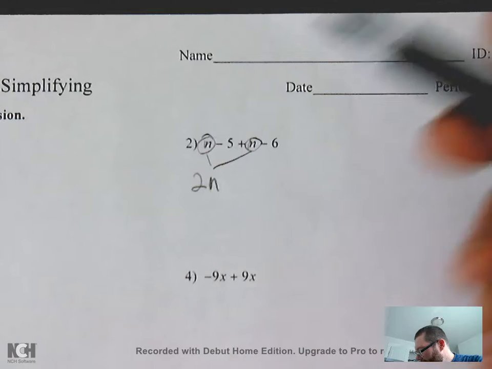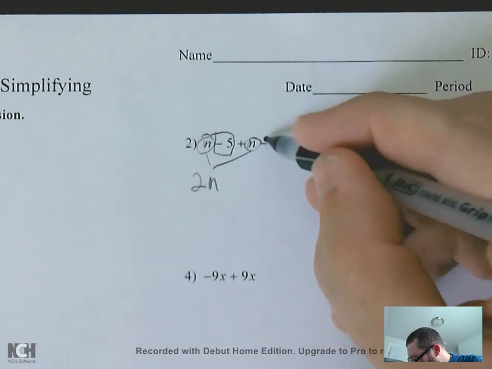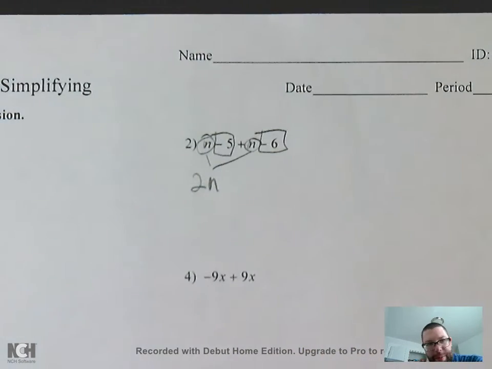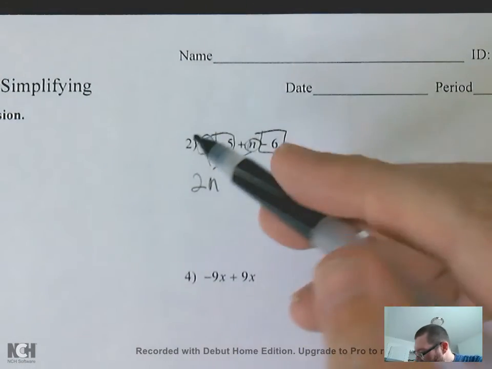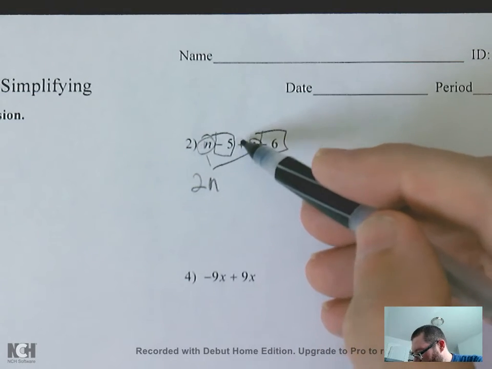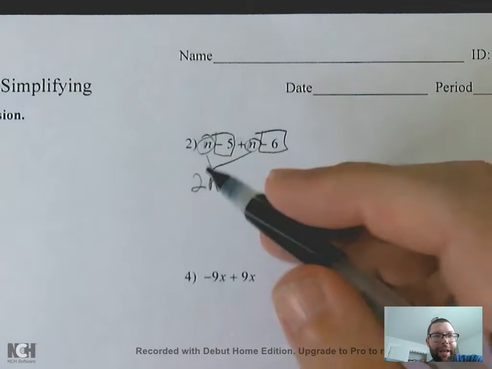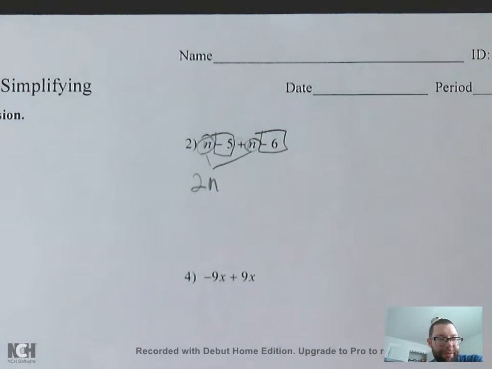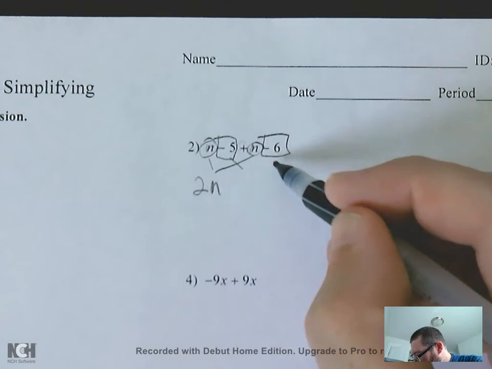And then do we have any other like terms? Yeah, we've got this -5 and this -6. When we're looking at terms, we always pull the sign in front of them, right? Both these n's were positive. This has a plus sign, and if there's no sign in front, which is only with the first term really, it's positive. It'll tell you if it's a negative. So we always take those signs with them when we combine them.